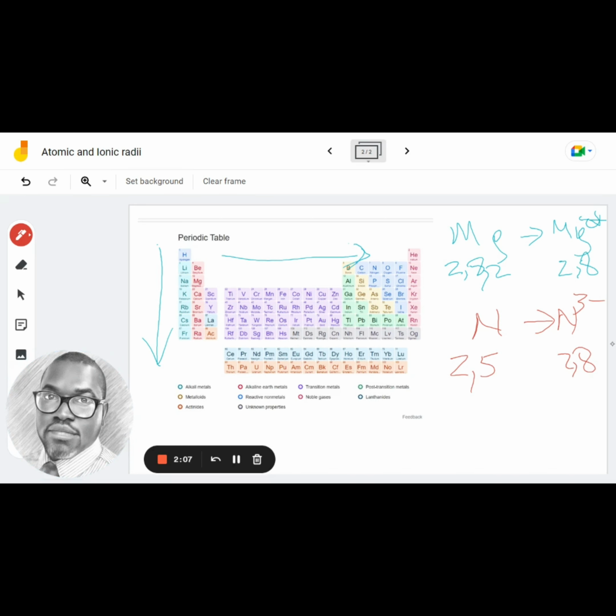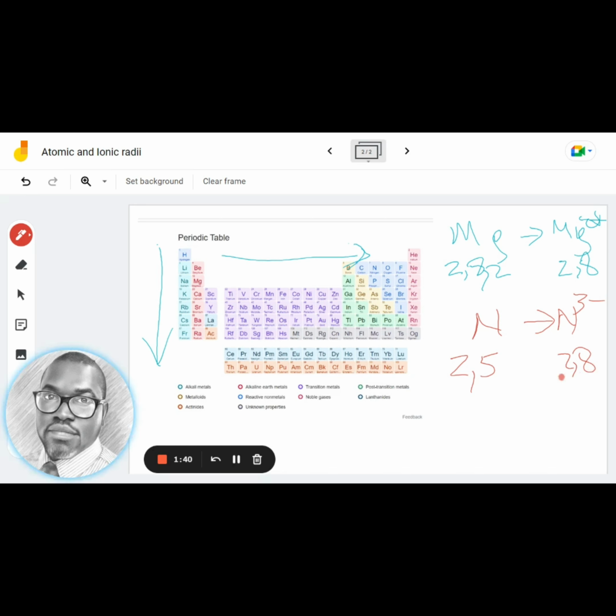And in adding 3 electrons to the atomic structure, you have now decreased the effective nuclear charge, because it was neutral previously, and now you have added electrons, and so therefore you have increased what we call the inter-electron repulsion. And because you have increased the inter-electron repulsion, the distance from the nucleus to the valence shell would increase.